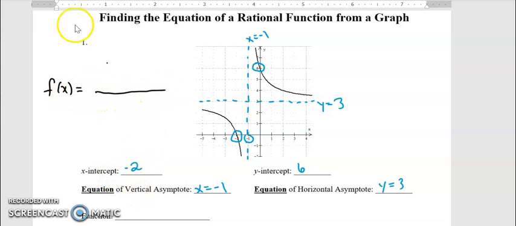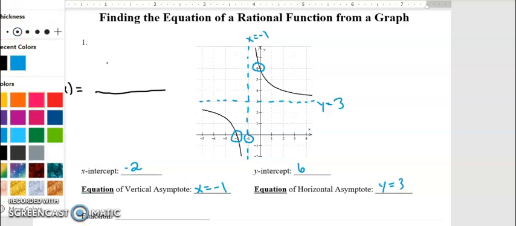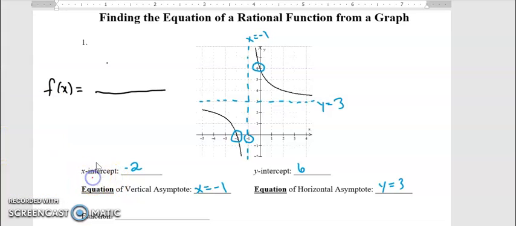Starting with the x-intercept: x-intercepts come from the zeros of the numerator. So if -2 is the only zero of the numerator, then x plus 2 is a factor of the numerator.